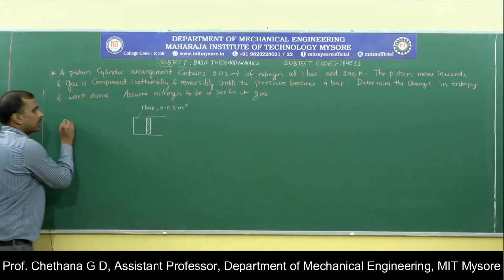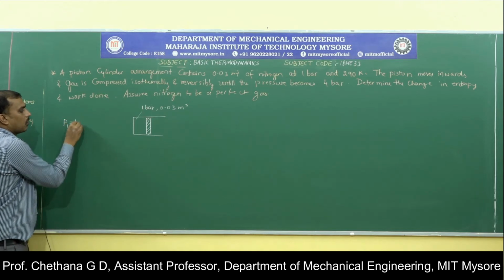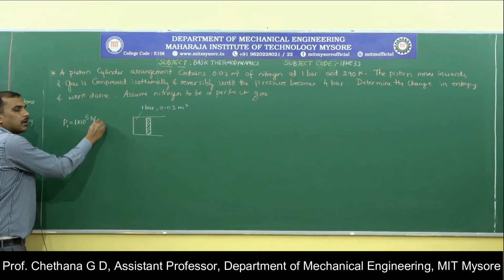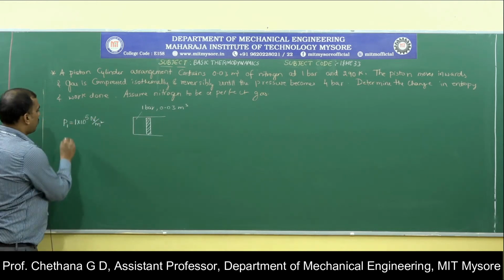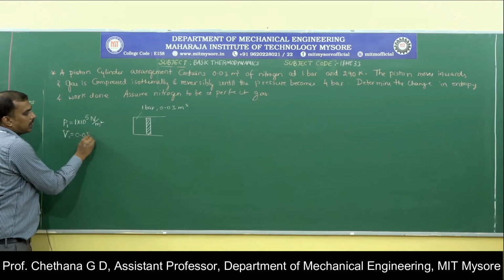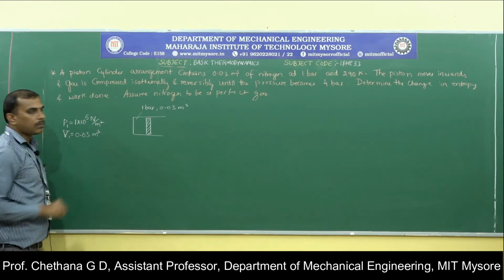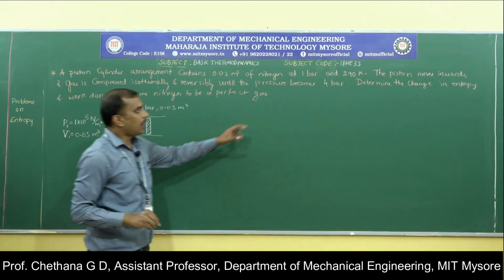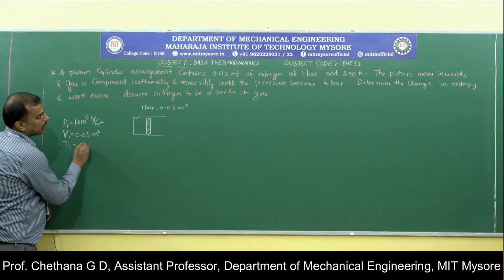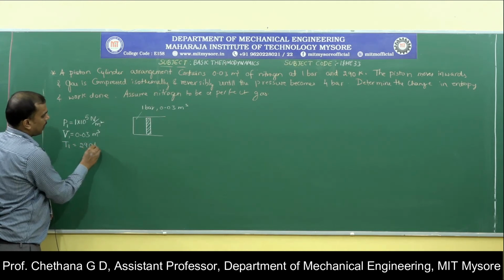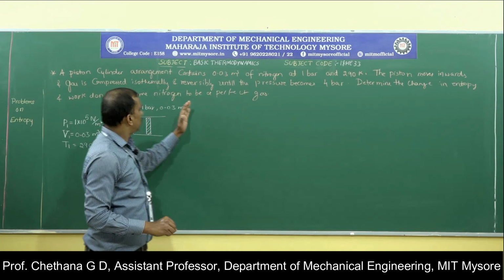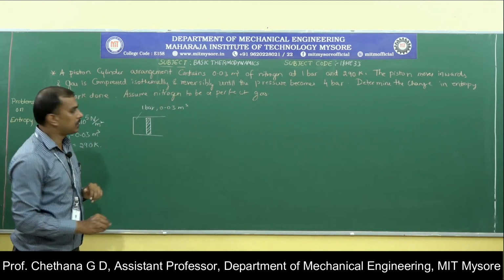So let us represent that P1 is 1 bar, that is 1 into 10 power 5 Newton per meter square, and volume initially is also given, 0.03 meter cube. Okay, and temperature also is given. T1 is 290 Kelvin.